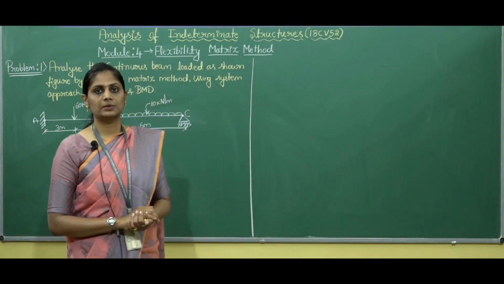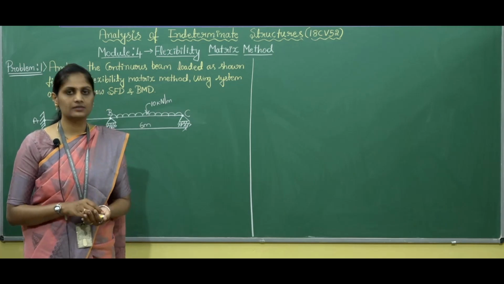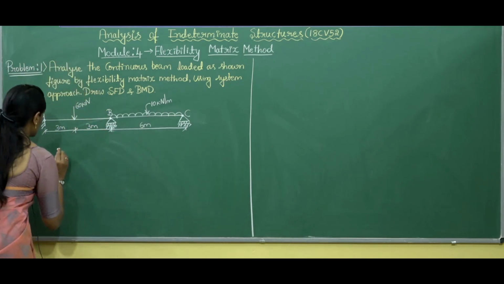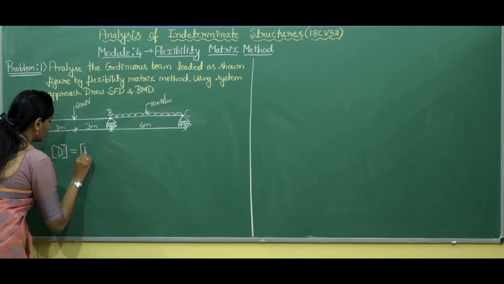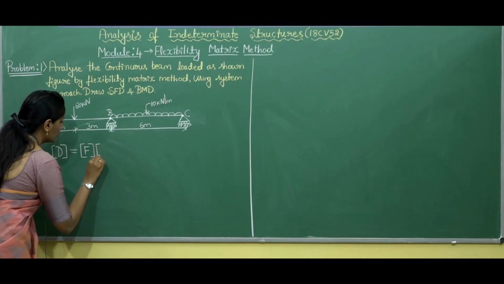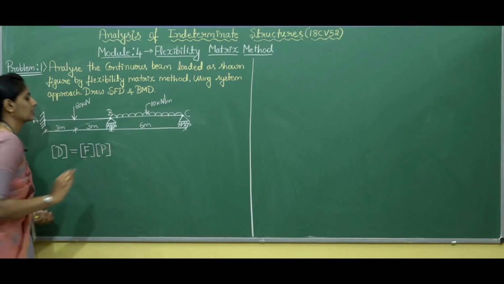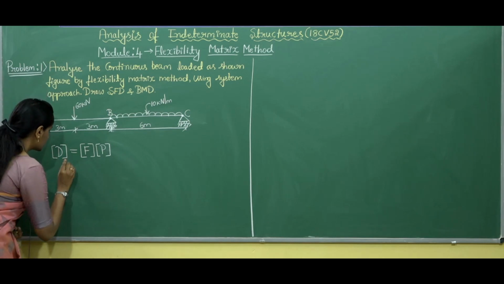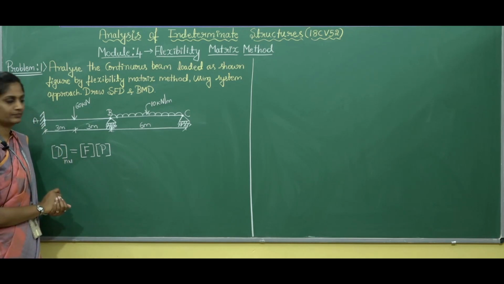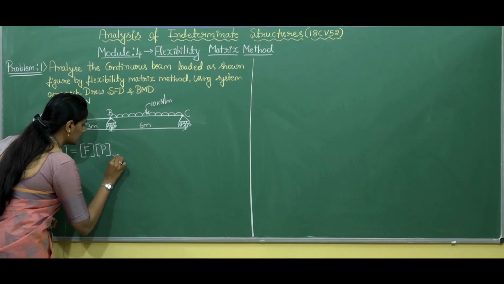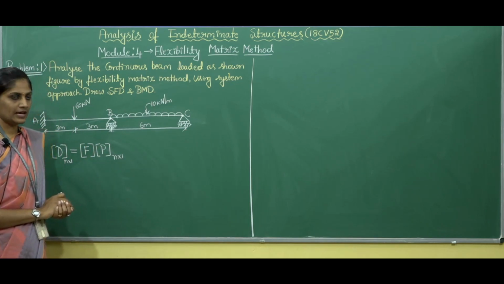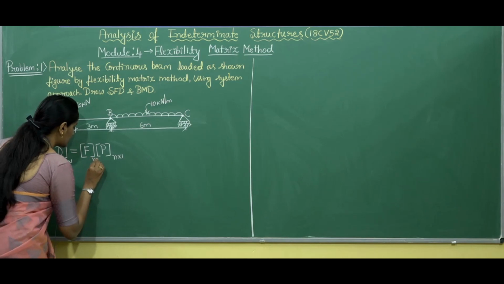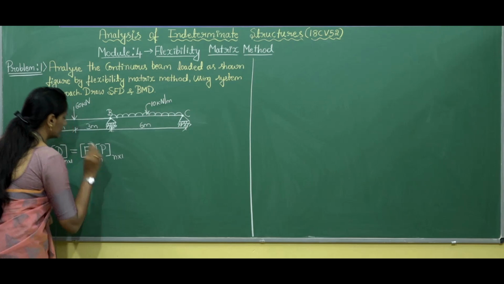So, as we discussed in the previous session, we know the flexibility relation is given as matrix D equals matrix F into matrix P. And you all know matrix D is the column matrix having the order n cross 1, matrix P is a column matrix having the order n cross 1, and matrix F is a square matrix having the order n cross n.